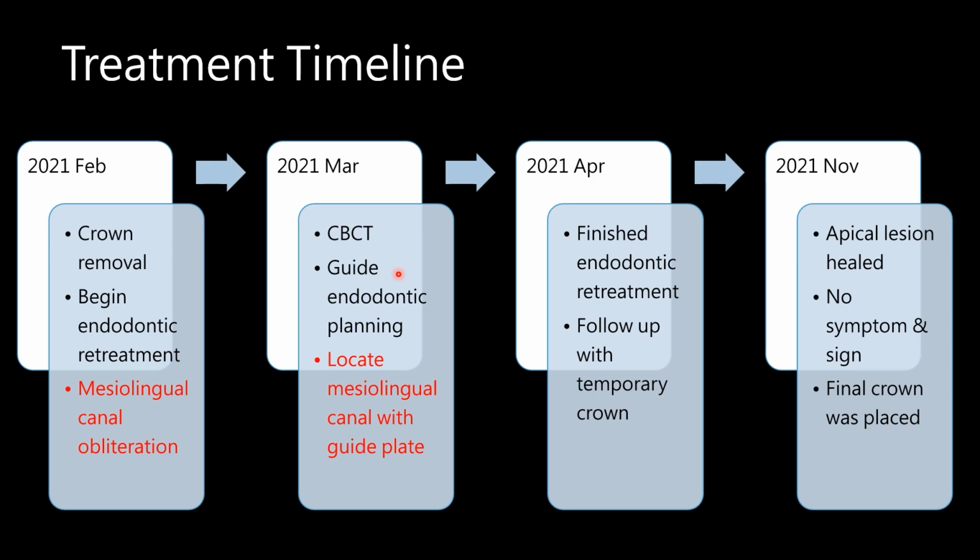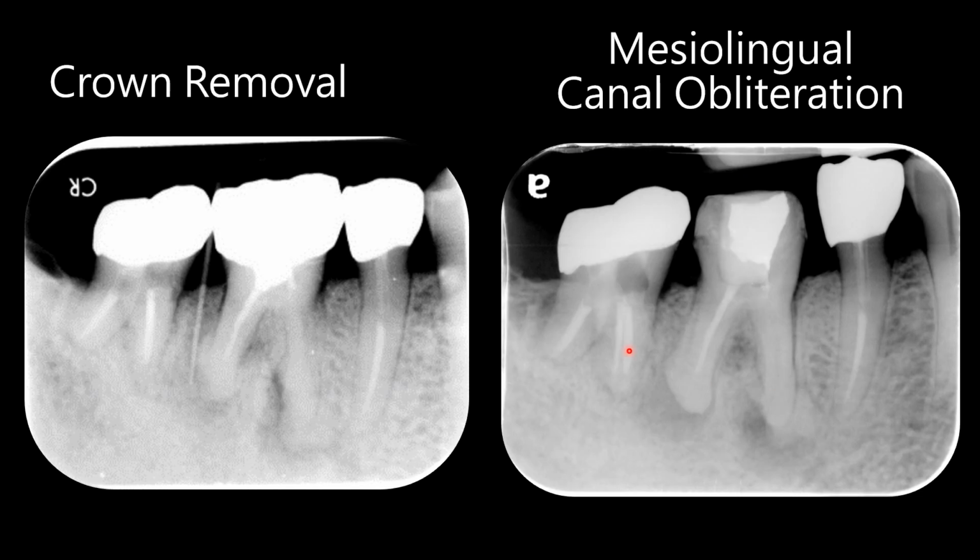In March we used 3D printed guide plates to locate the mesiolingual canal. In April, we finished the root canal treatment and follow-up with a temporary crown. After a few months, in November, we saw the apical region healed, and no symptom or sign was noted, and we put a final crown on it.